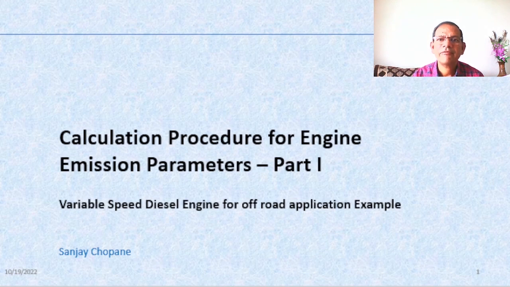So here a variable speed diesel engine for off-road application has been considered as an example, and we will try to calculate the cyclic level emissions for various pollutants like NOx, HC, CO and PM, and we will compare those cyclic level values with the emission limits set by the standard.